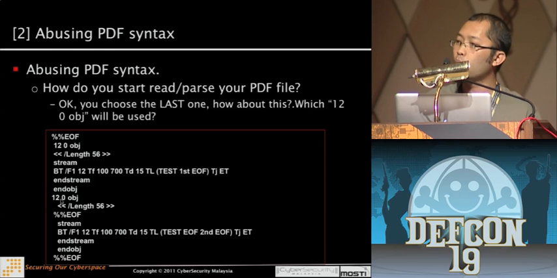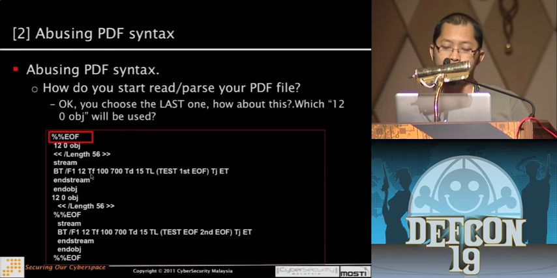So if you start from here, which data is now being represented by the object 12? Because, for example, the first object 12 here has data that says test first EOF file. The second one is test, second EOF file.